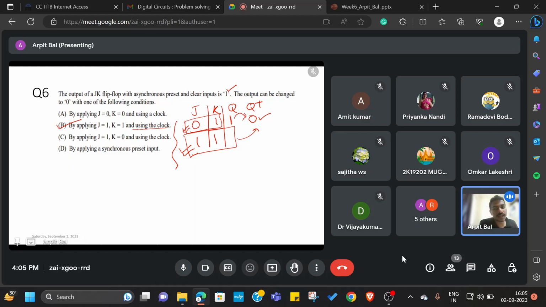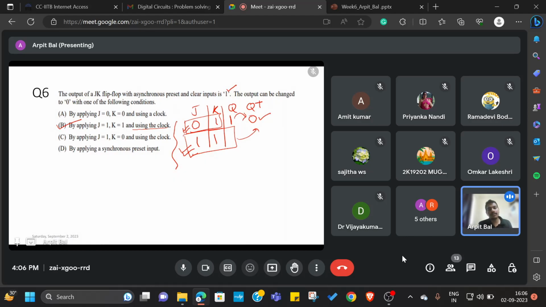One in which J is equal to 0, K is equal to 1. In that condition, irrespective of what the present state is, the next state is going to be 0. Then we had another condition: if both J is equal to 1 and K is equal to 1, Q plus is going to be Q bar, and because in this case Q was 1, Q bar will become 0.